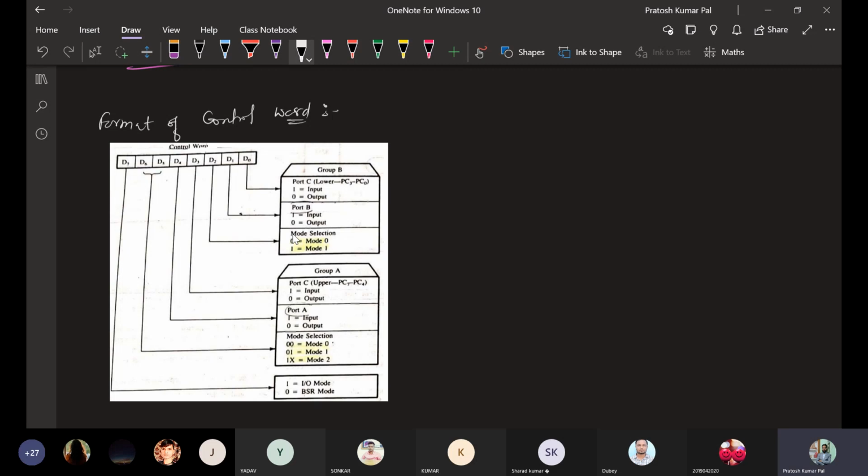If it is 1, it will be working in input output mode. In input output mode there are three different modes: mode 0, mode 1 and mode 2. If D7 is 0, it will be working in BSR mode.